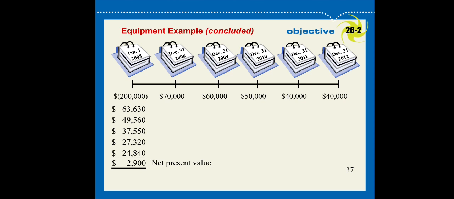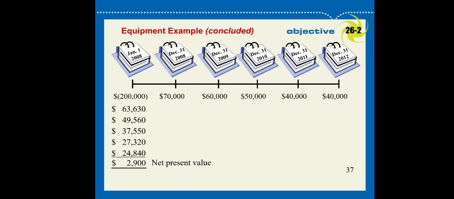In this example, the list is like this: 63,630 for the present value of the cash in year 1. In year 2, 49,560. In year 3, the present value of cash is 37,550. In year 4, 27,320. In year 5, 24,840.